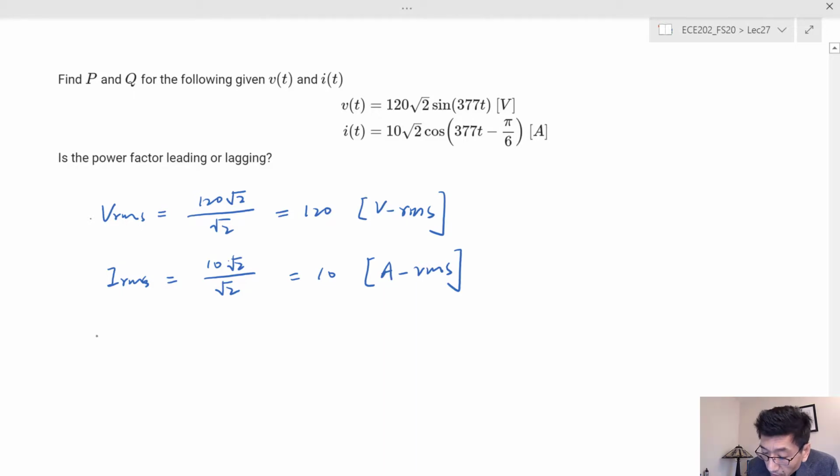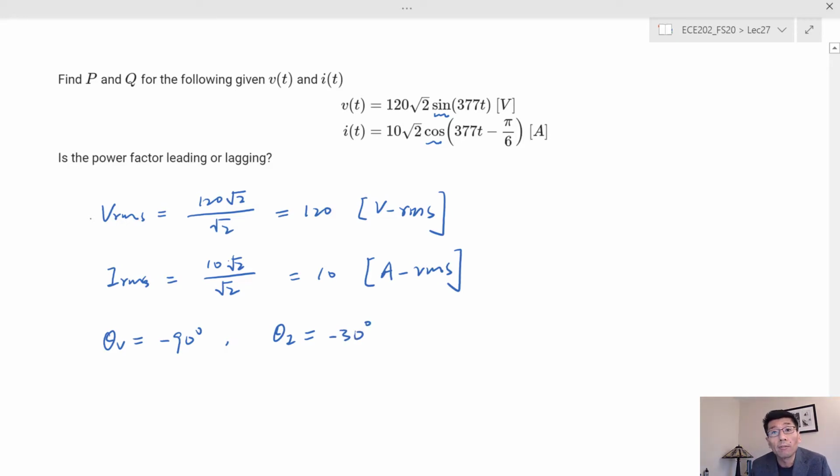So these are also in RMS value. And for the P, we need to figure out the power factor angle, right? So theta V, and remember this is a sine function, so in terms of cosine, theta V is going to be equal to negative 90 degrees, and theta I, this is already a cosine function, so this is equal to negative 30 degrees.